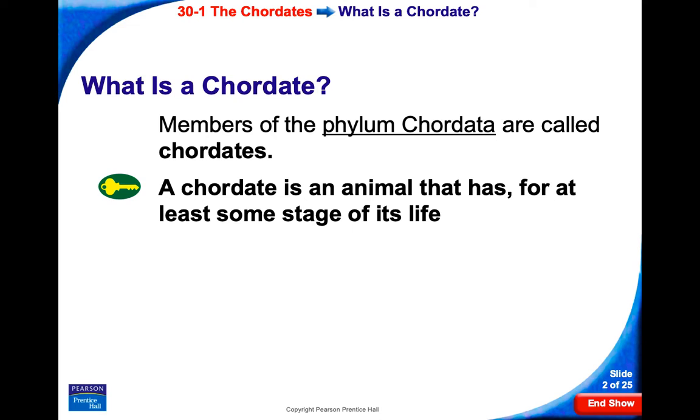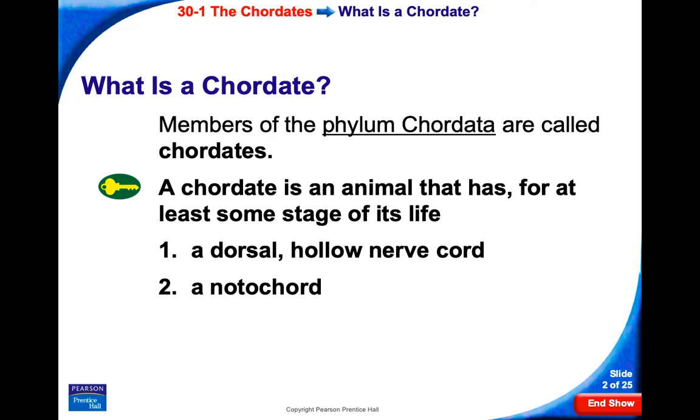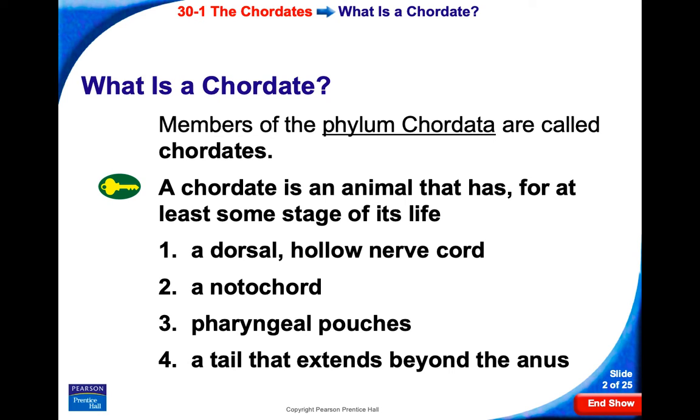And so we find that some chordates possess all of these characteristics as adults, while others possess them only during an embryo stage or in the early stages of development. Okay, in any case, here are the four characteristics. There's a dorsal hollow nerve cord, a notochord, pharyngeal pouches, and a tail that extends beyond the anus.